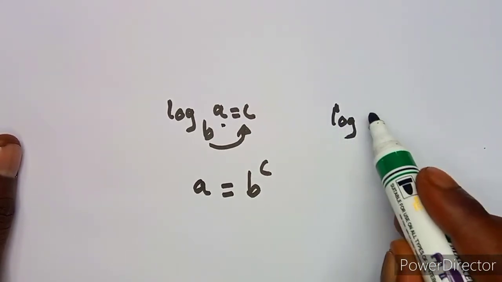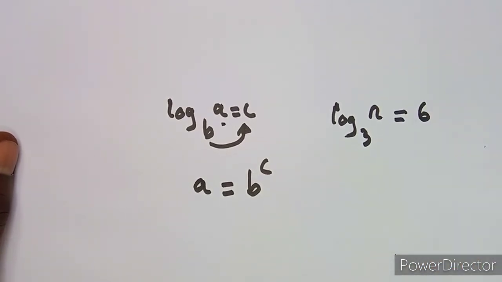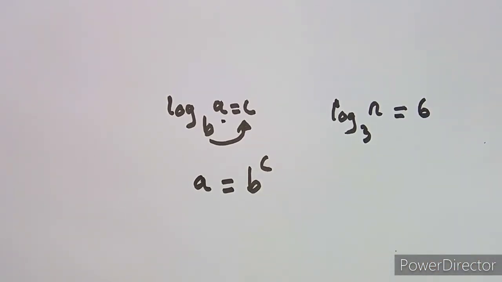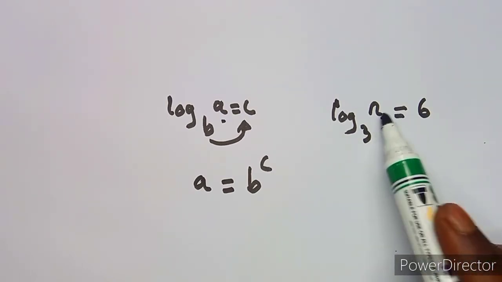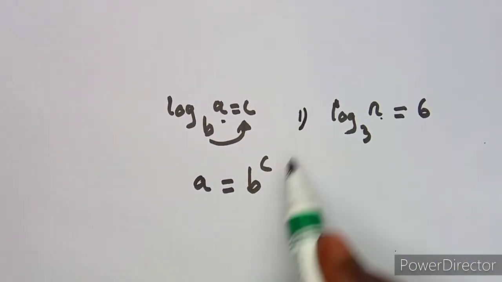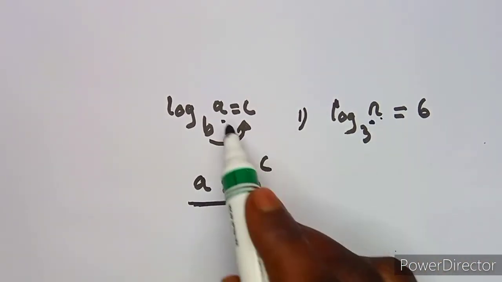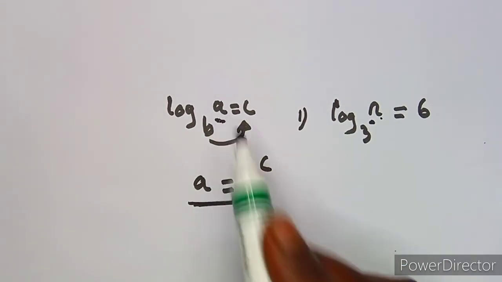This is log n base 3, which is equal to 6. So using this concept, how can I find the value of n? Because I need this value of n. That's the one that I need to calculate. So I'm just going to apply this concept here. Remember, we said we can convert to exponential form, where n is representing our a here.